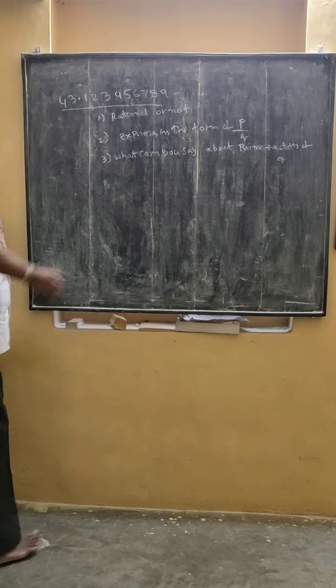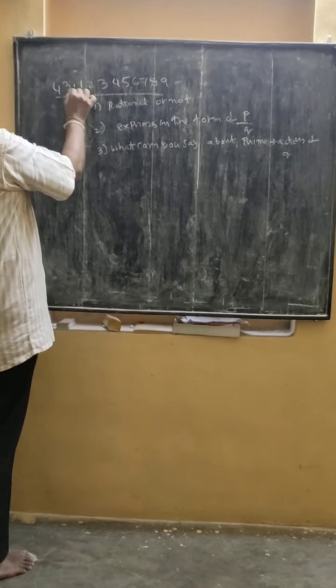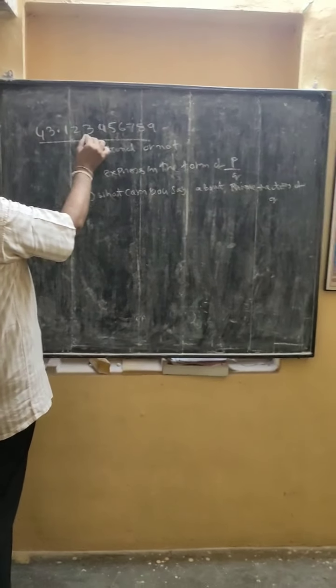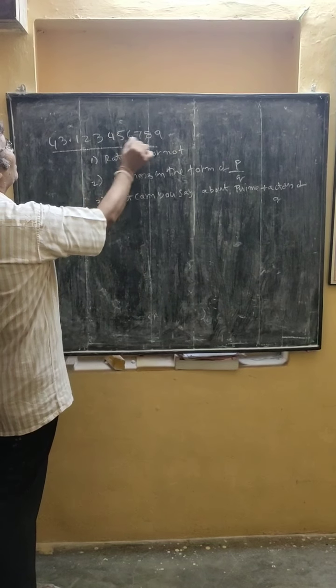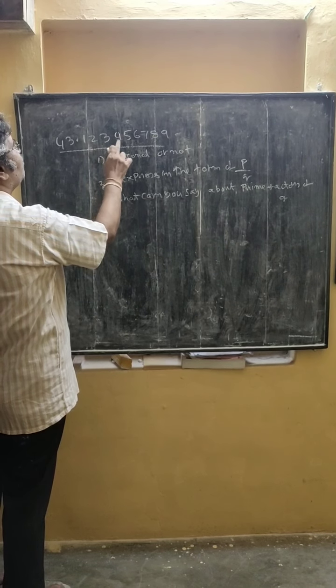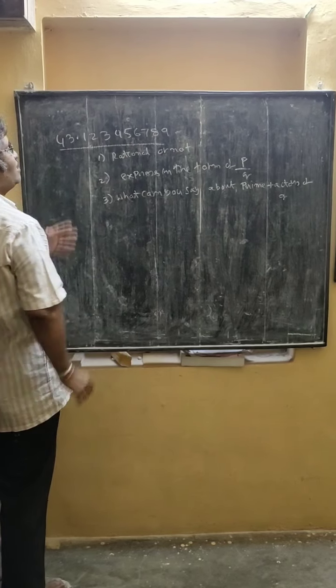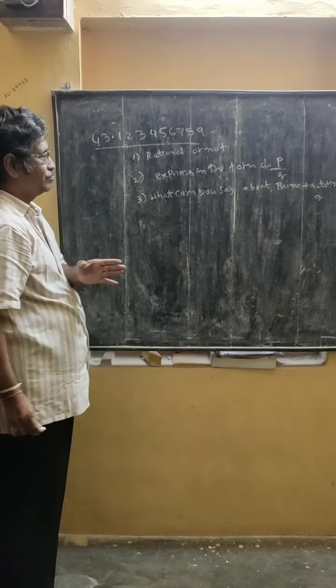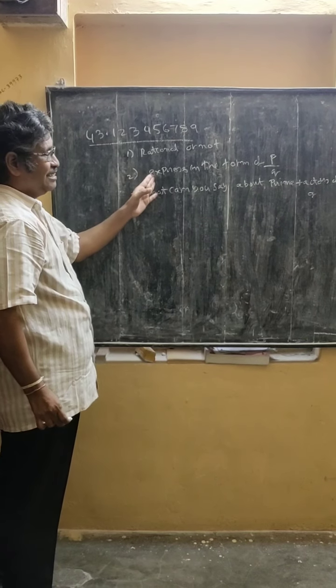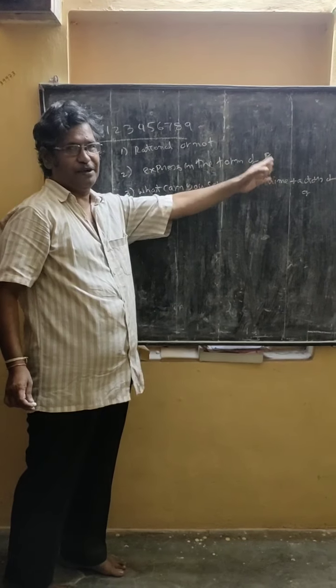Okay. See, here is a problem. 43.123456789. 9 digits are there after the decimal. 3 questions are there. Whether it is rational or not. If it is rational, express in the form of p by q.